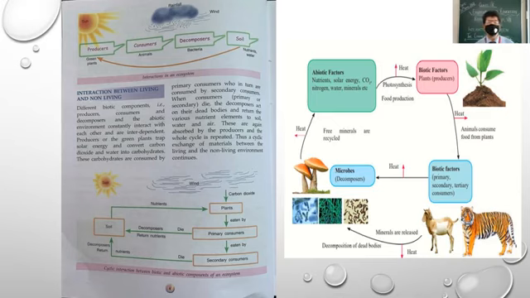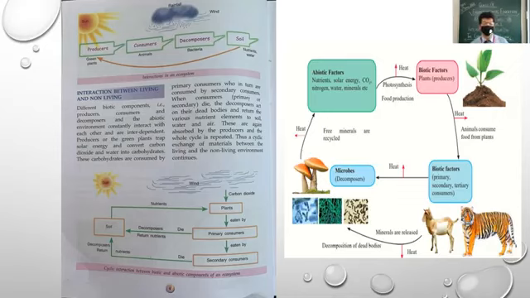And when consumers, that is primary or secondary, die, the decomposers act on their dead bodies and in return release various nutrient elements to soil, water and air. These are again absorbed by the producers and the whole cycle is repeated.